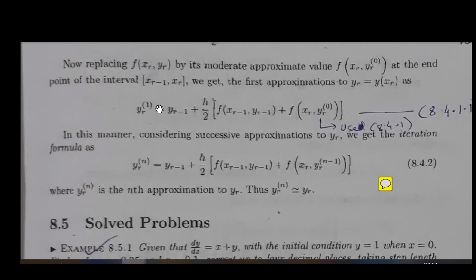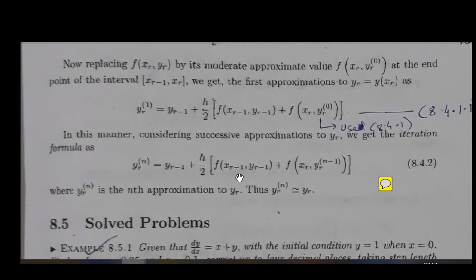Euler's method is used only in the first step, only when you are finding yr1. But in yr2, we will use this yr1. In yr3, we will use the yr2 we have found, and in yr4, the yr3 we have found, likewise. So this n minus 1 is obtained via the modified Euler's method only.